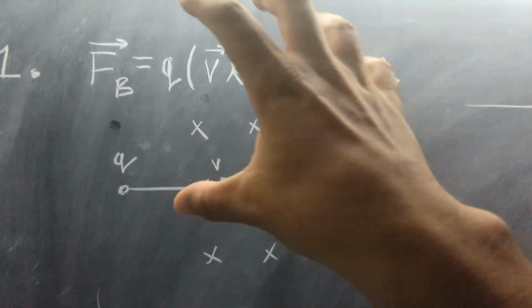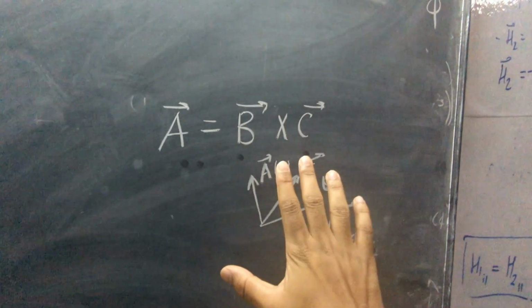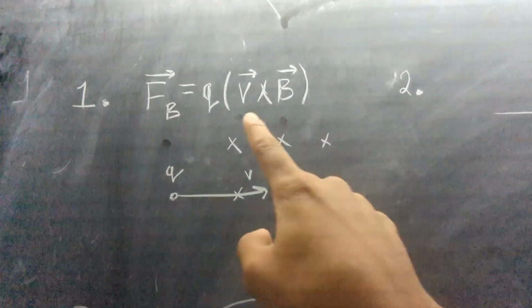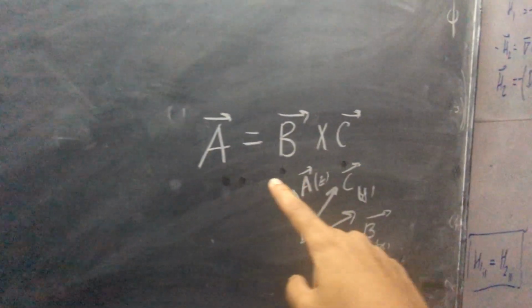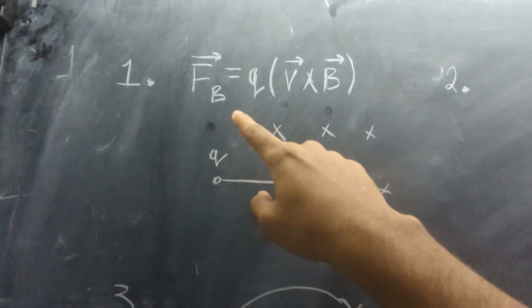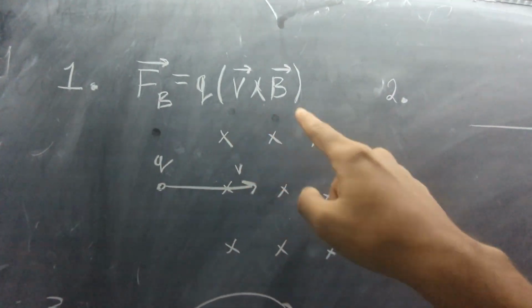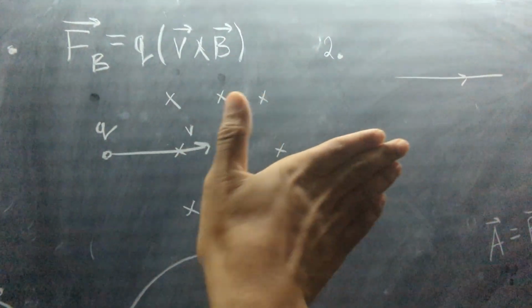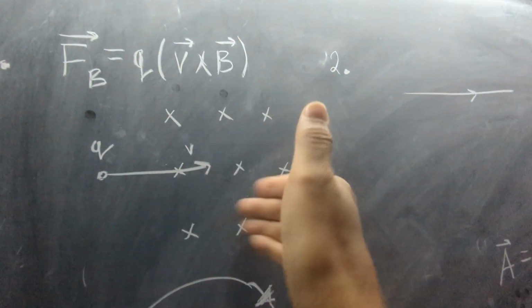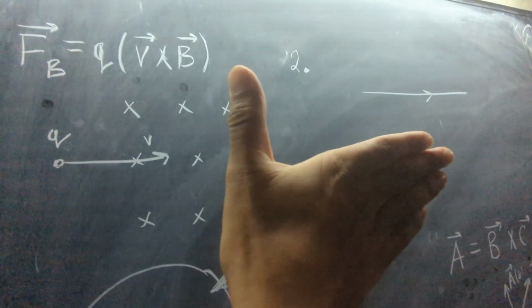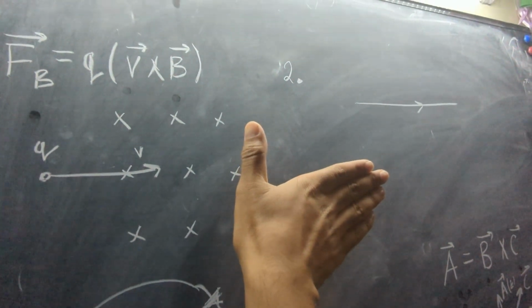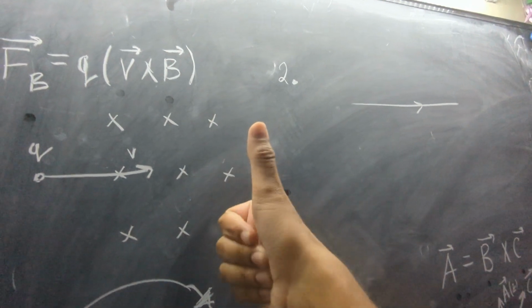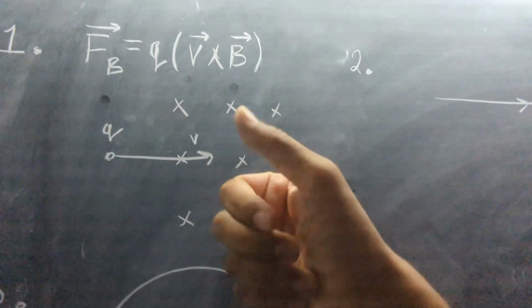I'm using the same formula, where F_B is a cross product of V cross B times Q. So V to the right, cross B into the board, means curling my fingers in that way, and this gives me the direction of the force.